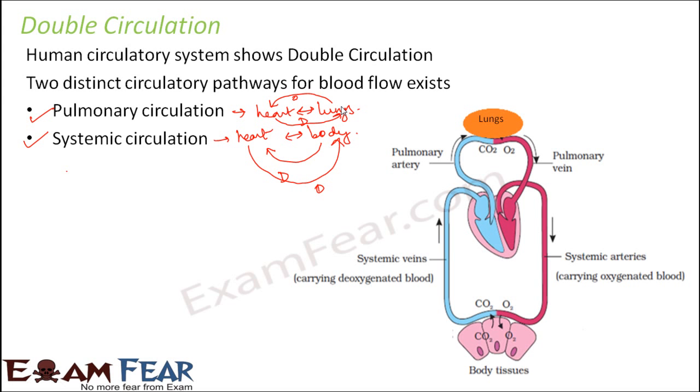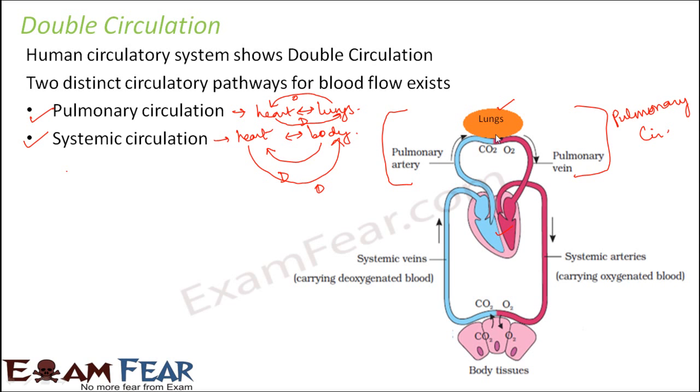So the overall double circulation pathway is somewhat like this. This portion is pulmonary circulation, where the blood flow takes place between lungs and the heart. You see, the deoxygenated blood flows from heart to the lungs, and the oxygenated blood flows from the lungs to the heart.